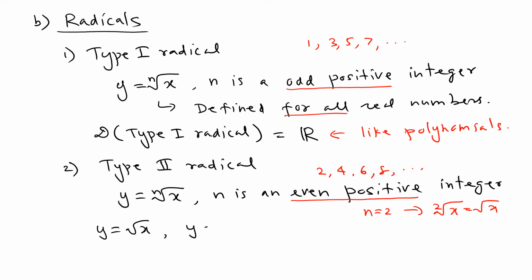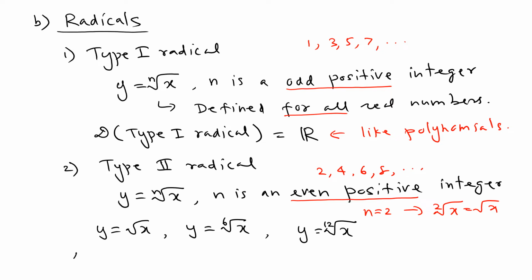or y equals the sixth root of x, like this. Even larger roots too, like the 10th or 12th root. Those are the type 2 radicals. In this case the domain is restricted: x has to be greater than or equal to 0.